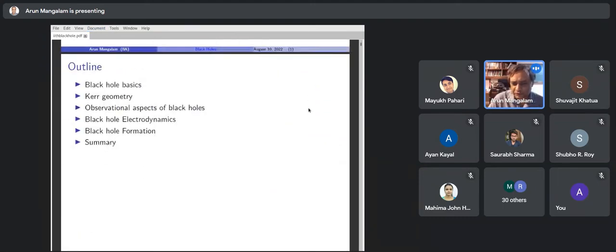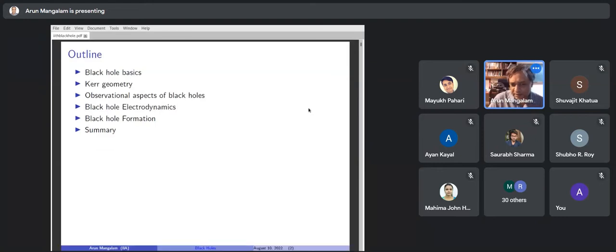Now, next, I'd like to talk about black hole basics, a little bit about Kerr geometry, which is a spinning black hole, and observational aspects of black holes.